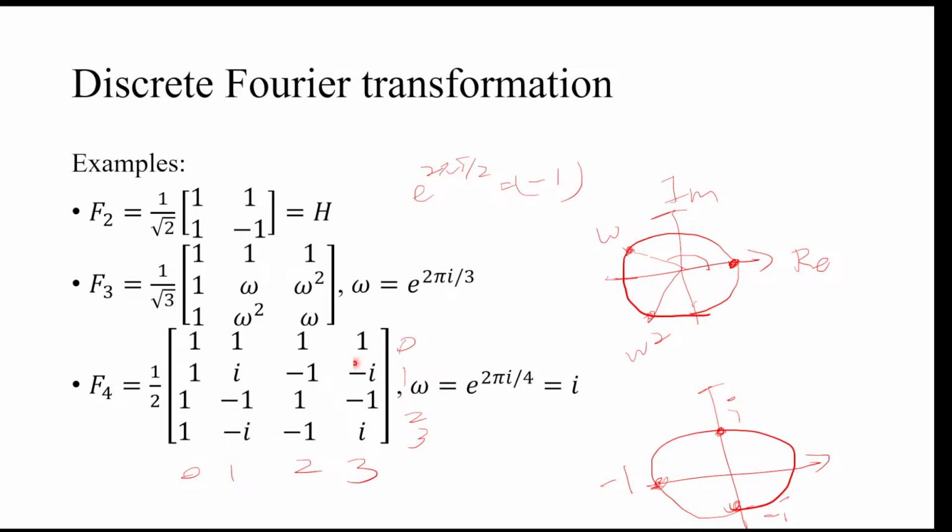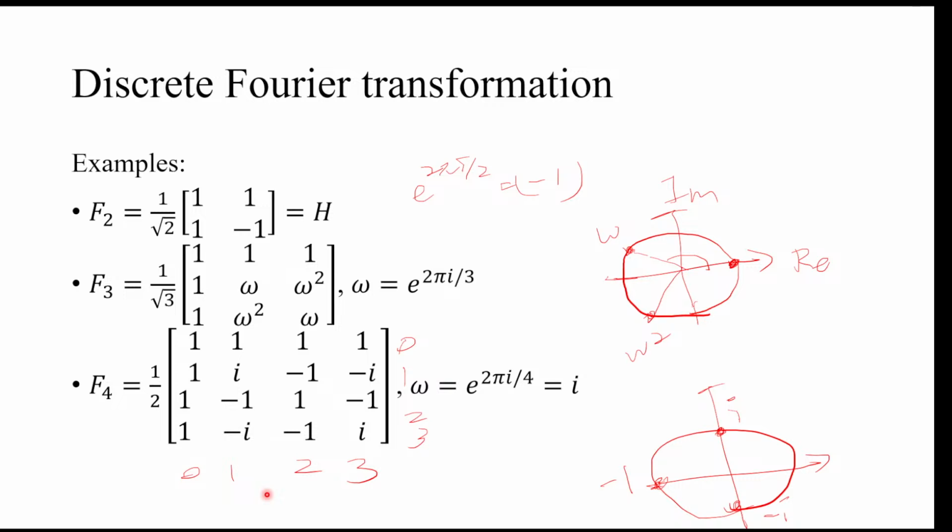And say if you have j equal to 1, then you will pick out the second column here. So this will be 0 plus omega 1 plus omega squared 2, and here is similar, 0 plus omega k to 0 plus omega k to 1 plus omega squared k2 plus omega cubed k3, etc. And so you have j equal to 0, j equal to 1, j equal to 2, and j equal to 3 here.